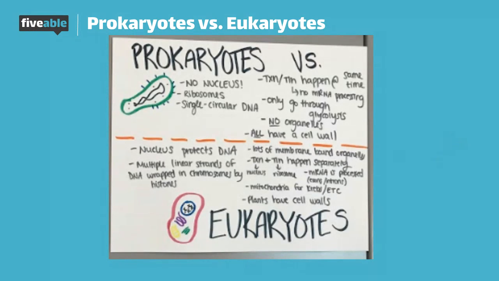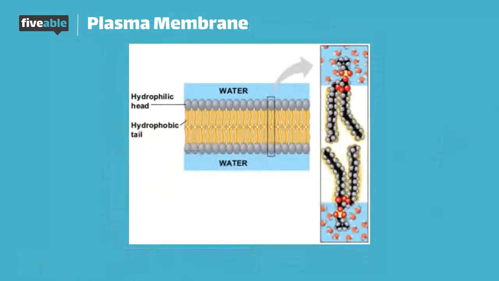Now we're going to really get into cellular transport, and this is where the plasma membrane is the be all end all. Okay. So there she is in all her glory, the plasma membrane. Okay, this is also called the phospholipid bilayer.